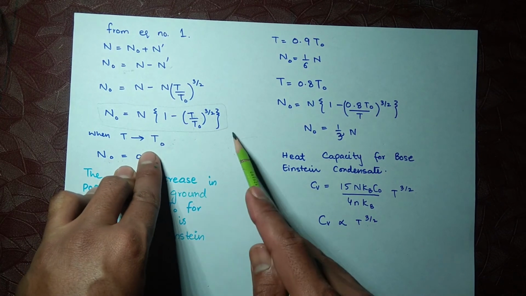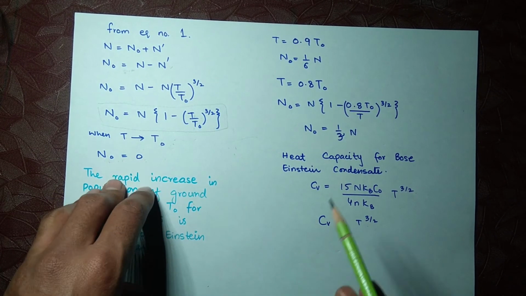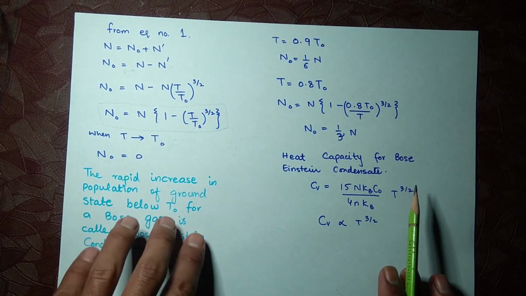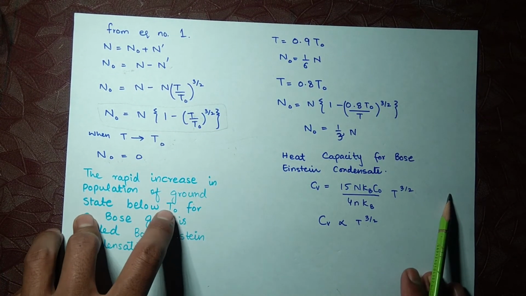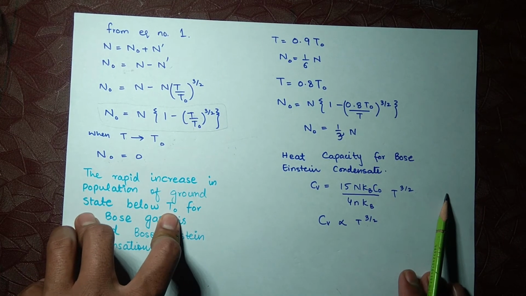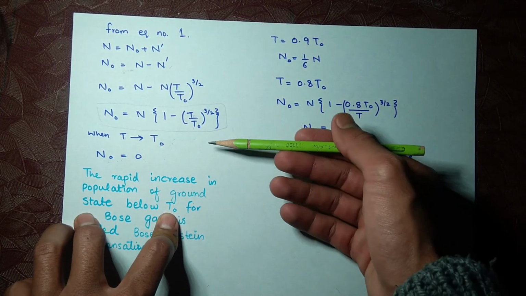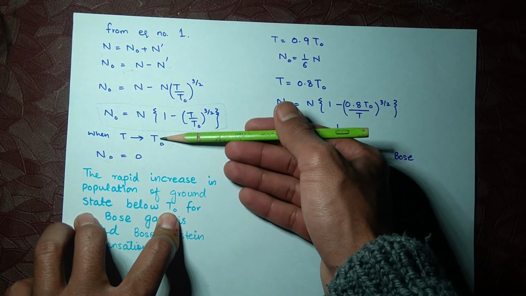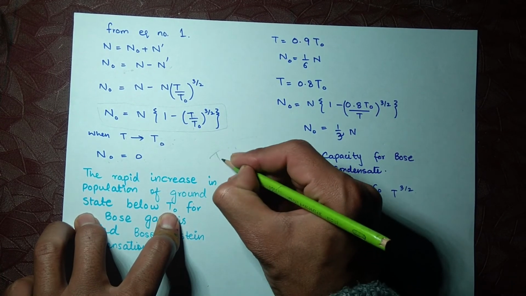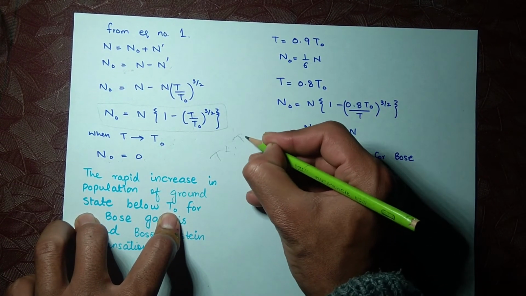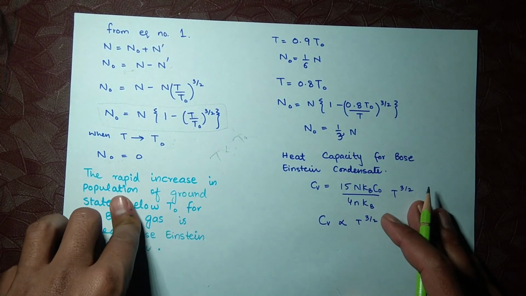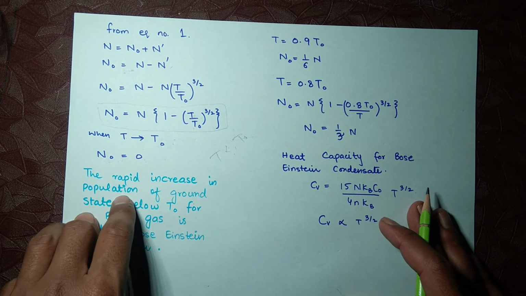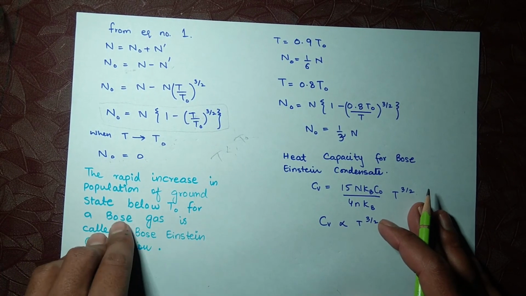Below this temperature, they will be allowed. So there is a rapid increase in the population of the ground state below T naught. As I told you, as T gets lesser than T naught, we have a rapid increase in the population of the ground state for a Bose gas.